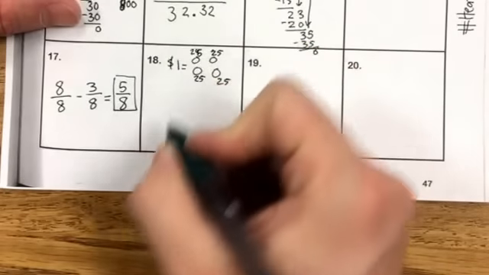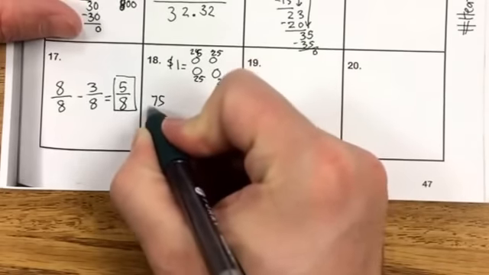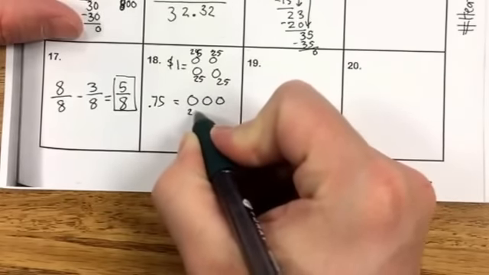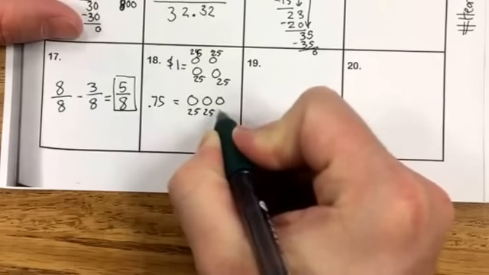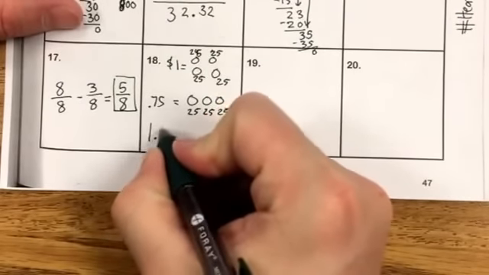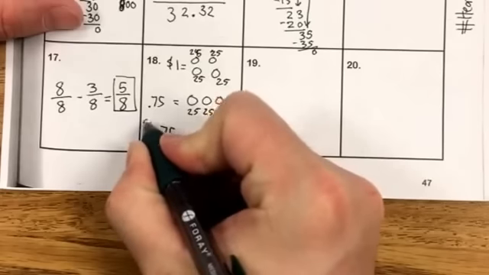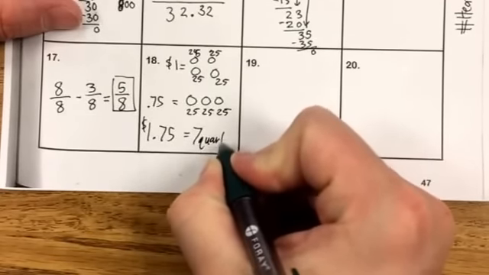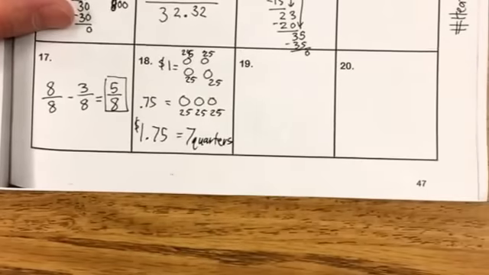And in 75 cents, I've got 1, 2, 3 quarters. So altogether in $1.75, I have 7 quarters. 7 quarters. All right. Number 19.